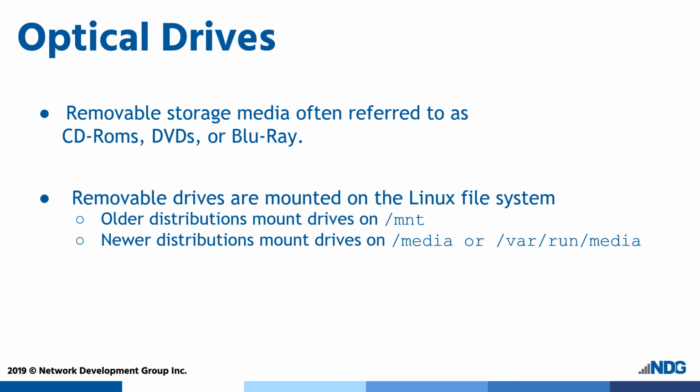Where these removable disks are mounted in the file system is an important consideration for a Linux administrator. Most modern distributions mount the disk under the /media folder, while older distributions typically mount them under the /mnt folder. For example, a USB thumb drive might be mounted on the /media/usbthumb path.